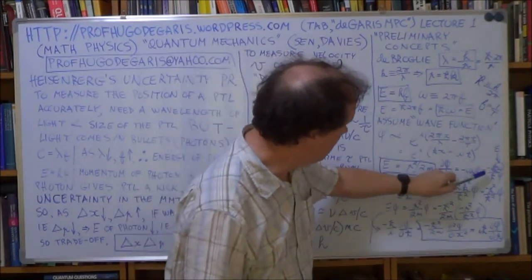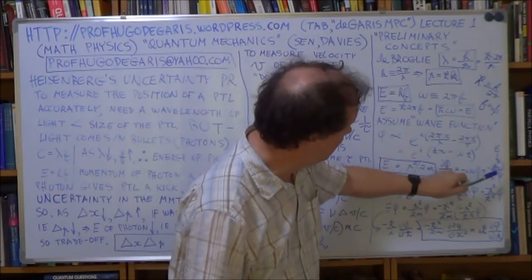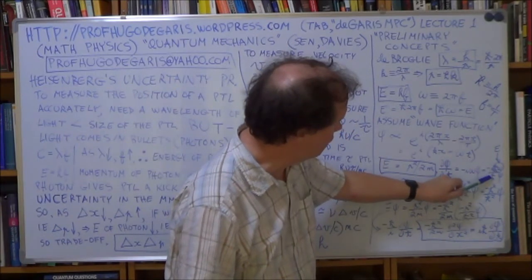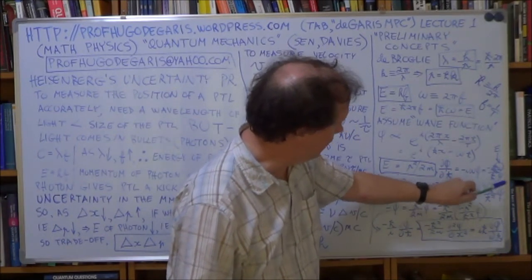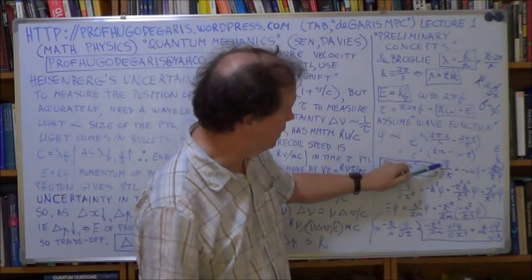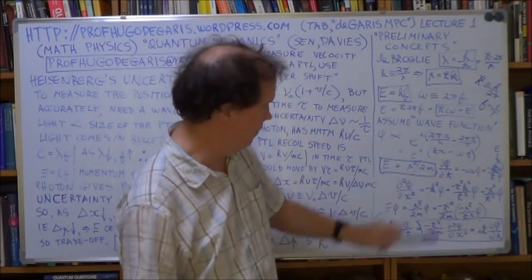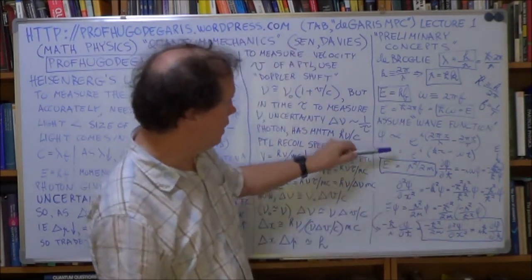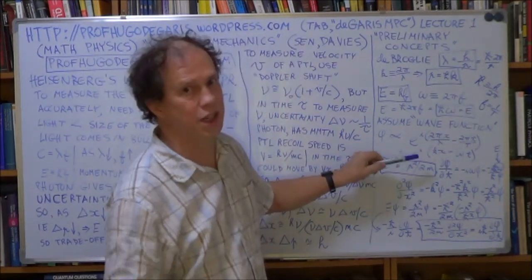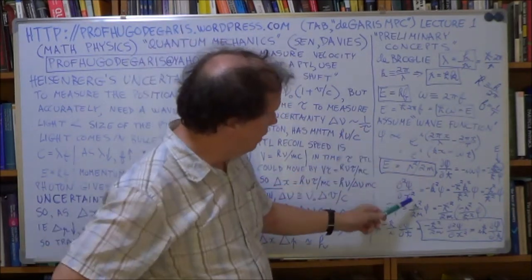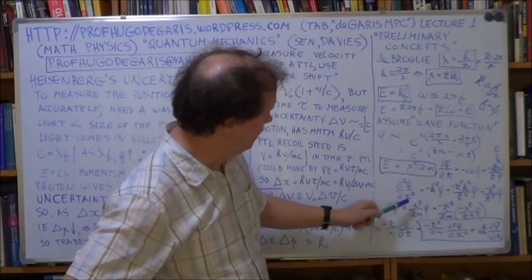I will get minus i E divided by h bar times psi, and that's what d psi by dt is.